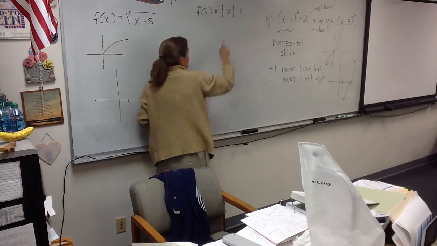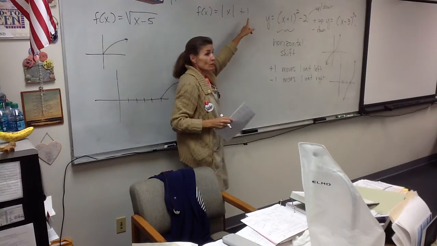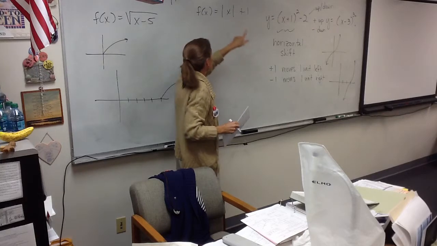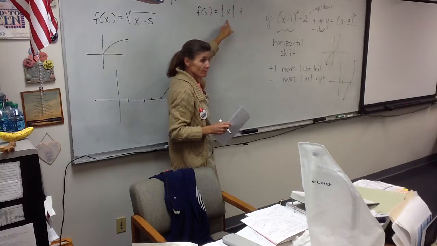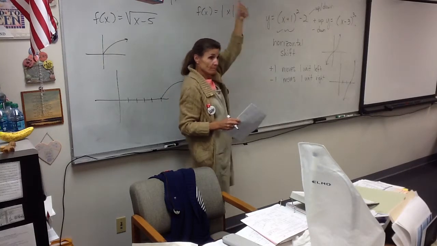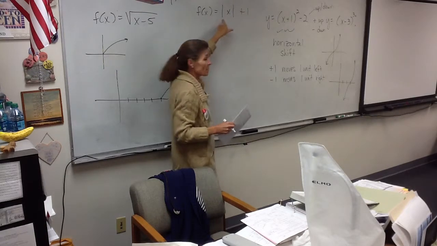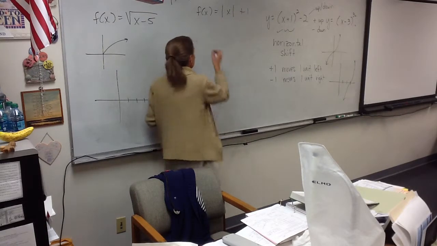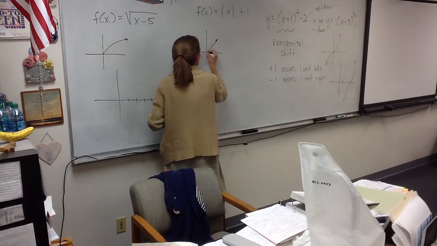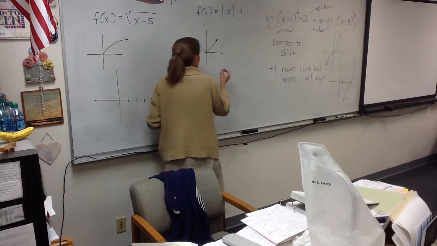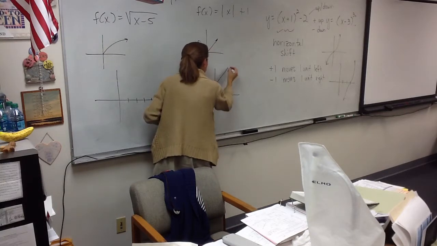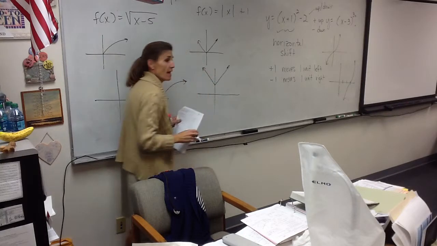Okay, so that's a vertical shift. So that's going to take this picture and do what with it? Up 1. So what shape is that? A V. The normal absolute value would look like this. You're moving it up 1, so it's going to look like that.